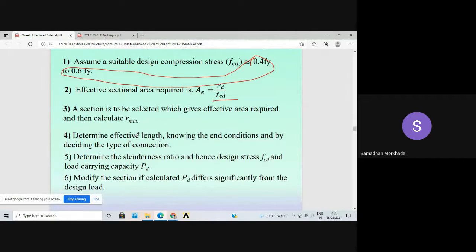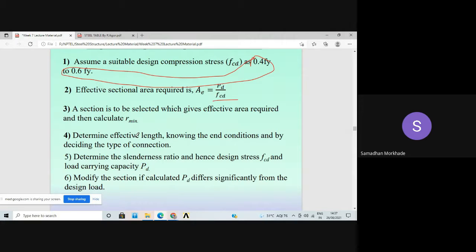If it is a single section, for example a single angle section, then R minimum we get directly from the steel tables. For the angle section there are 4 axes: XX, YY, UU, and VV. Normally we know that R minimum will be about the VV axis for a single angle section.